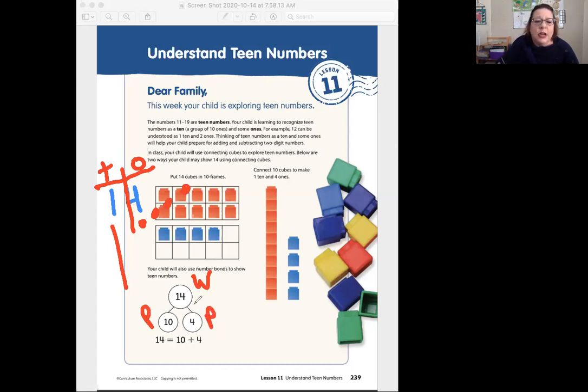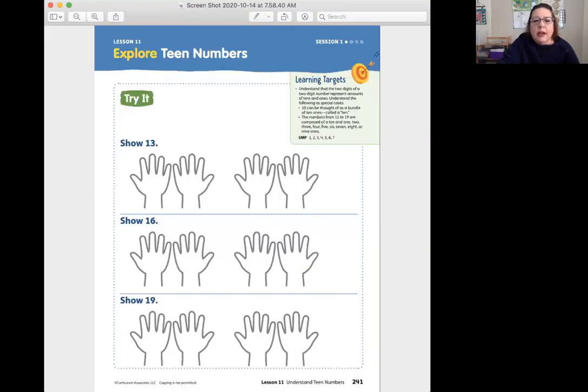Okay, so we're going to move over now to close that page, and I'm going to share a different screen, and we are going to look at this page right here, page 241. Here it says show 13, okay?